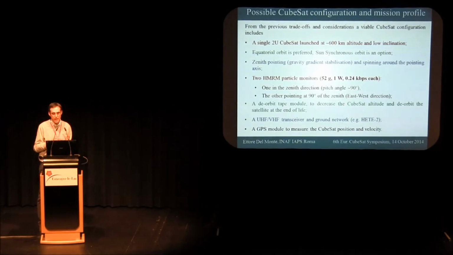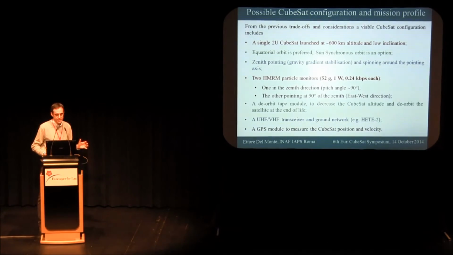So, just to summarize the possible configuration, we can use a single CubeSat, 2U or 3U, launched at 600 kilometers on equatorial orbit, or sun-synchronous if this is the only option available, with zenith pointing by gravity gradient stabilization and spinning. Of course, the HMRM particle monitor, which is very light and low consuming, is a good opportunity for us.